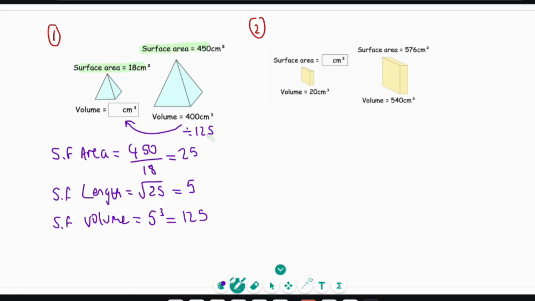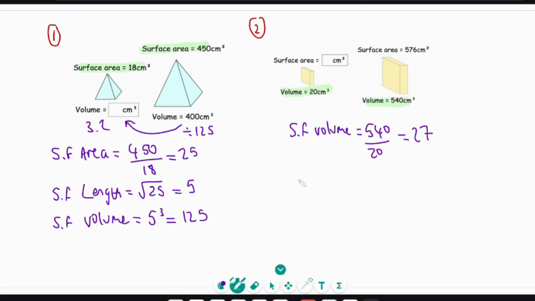3.2. Okay, question 2. This time we're given 2 volumes, so all we can find is the scale factor for volume. So we've got 540 divided by 20, which is 27.